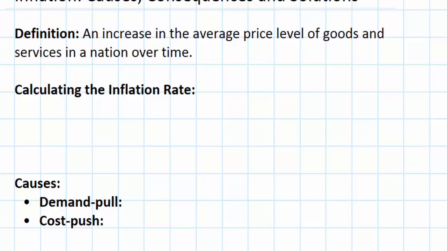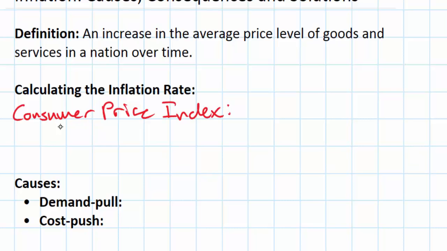It's pretty easy to tell if the price of a particular good like laptop computers is rising or falling. But to measure inflation, we must have some sort of index of all prices in a country. And what economists use at most national levels is what's called the Consumer Price Index. Now in another video, I'll go into more detail about how inflation is calculated, but I want to give a quick snapshot here.